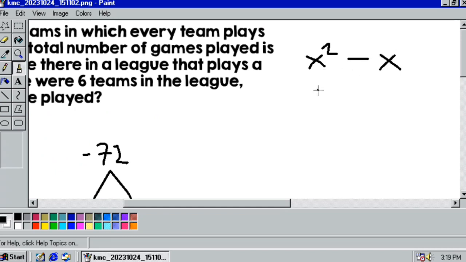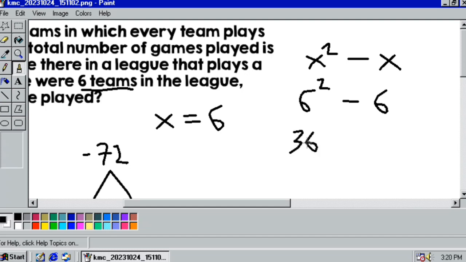Since there are 6 teams in the league, our x will be 6. So we're going to substitute 6 for x. So it will be 6 squared minus 6. So, 6 squared is 36 minus 6. And now, we have 30. So, this is the answer.